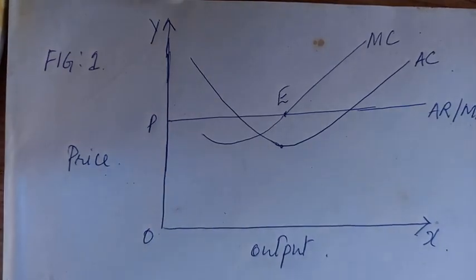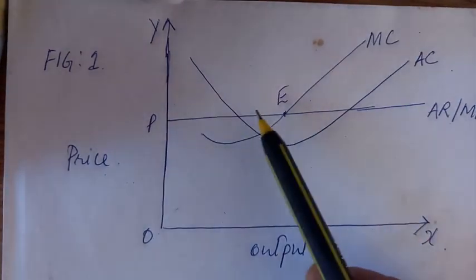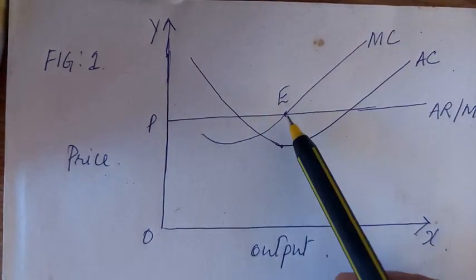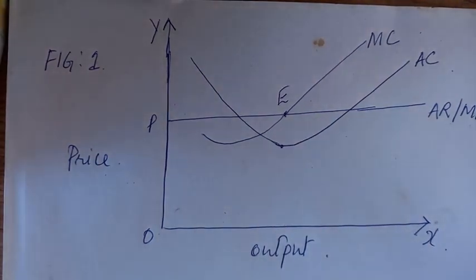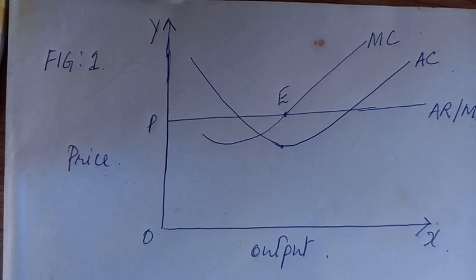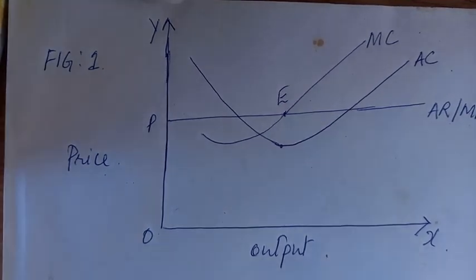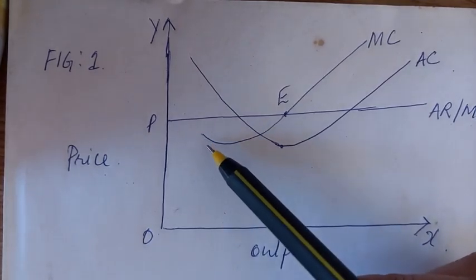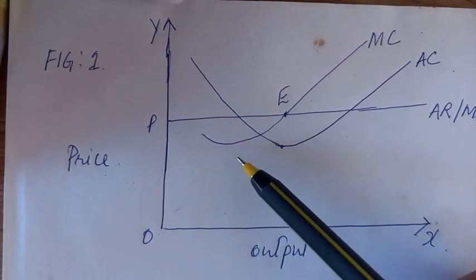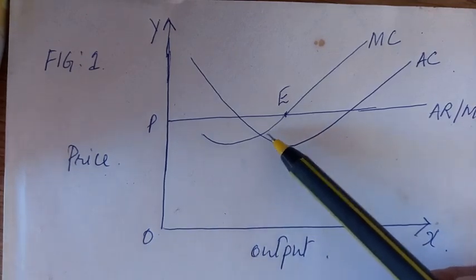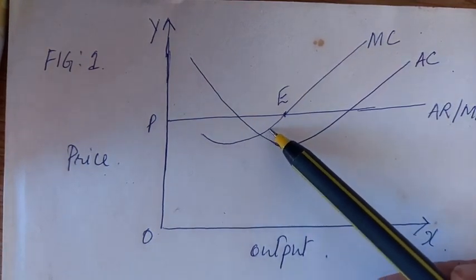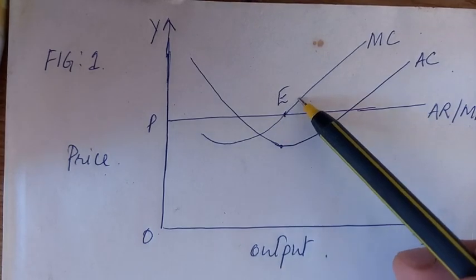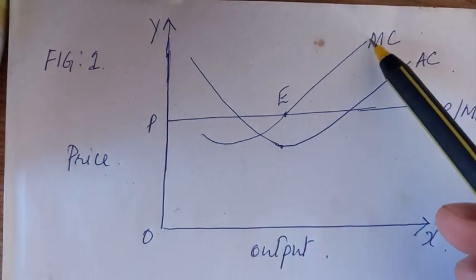That is the first condition, which is MC equals MR. The second condition is that the MC cost curve must cut the MR curve from below. If you look at the MC curve here, it comes from below, then cuts the MR and rises above.